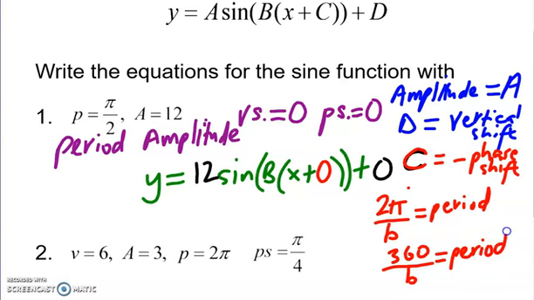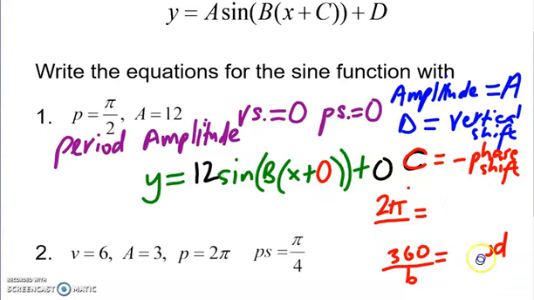Now we've got kind of the opposite problem. We're given the period, and now we have to figure out what the b value is. What you could do is multiply both sides by b and then divide by the period, and basically the period and b would switch positions. And so you're left with this kind of formula.